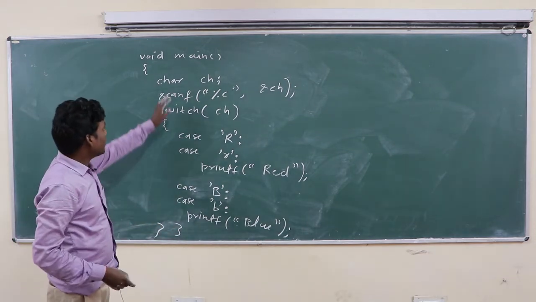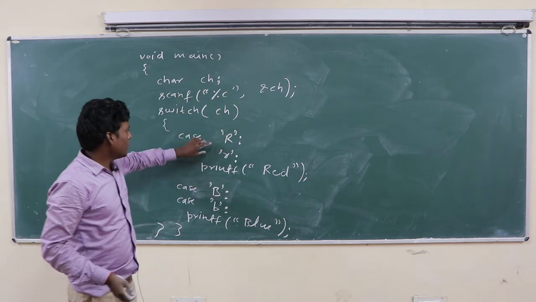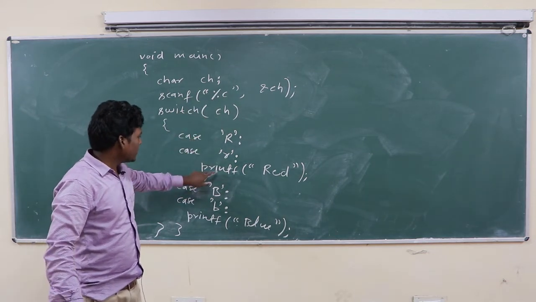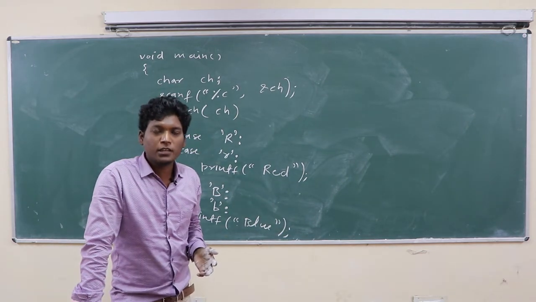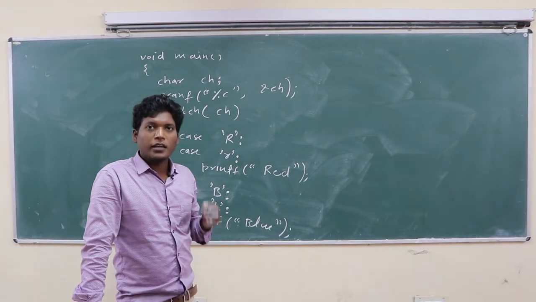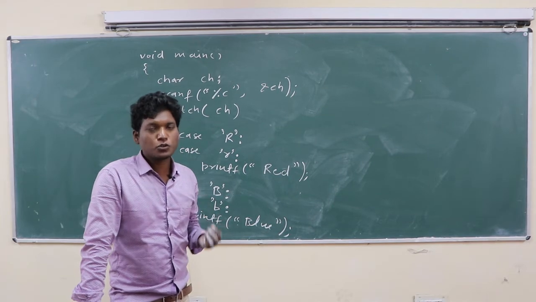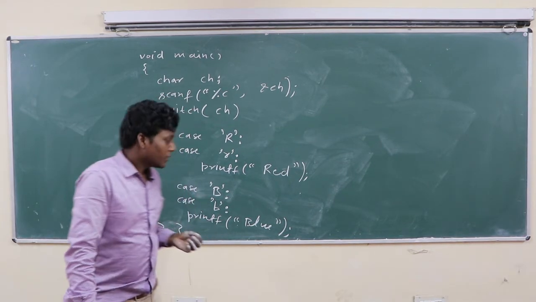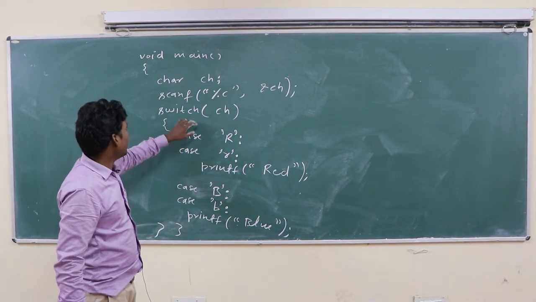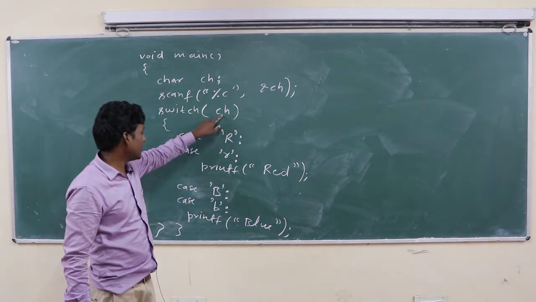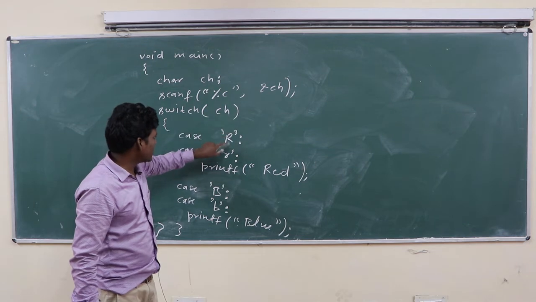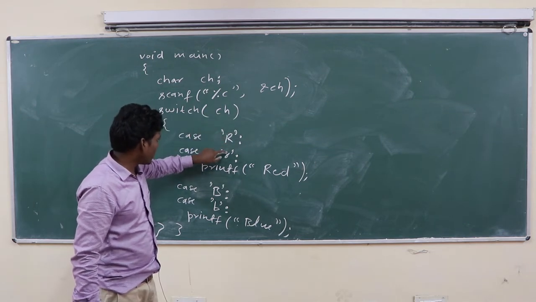Here this is the program in which each statement has several cases. Each case may have several statements, and each statement may also have several cases. For example, here char ch, scanf %c &ch, and this ch is matched with either this or this.